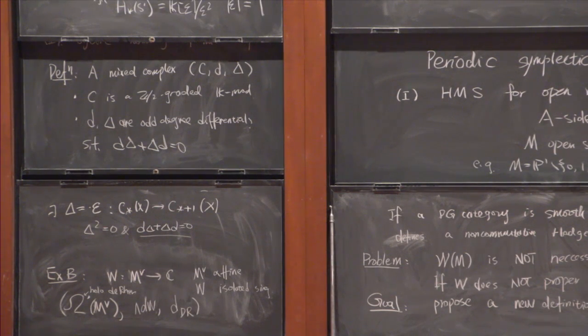And I can consider its localization with respect to U. Then this is nothing but the formal Laurent series with coefficient in C. And let's say C plus is C hat.